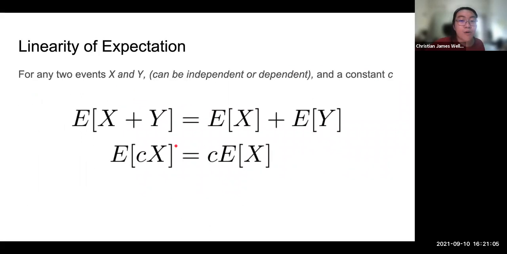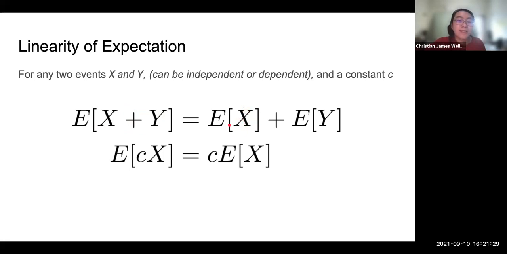Okay, so let's go on to linearity of expectation. This is probably something you have seen in lecture, something you have heard before, hopefully, where this is just telling you that if you have the sum of 2 random variables, X and Y, and you take the expectation of their sum, it is equal to the sum of the expectations of the individual random variables.